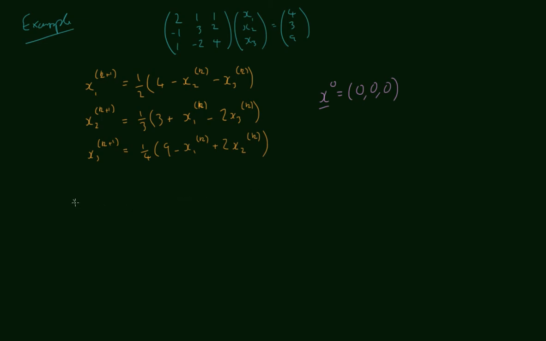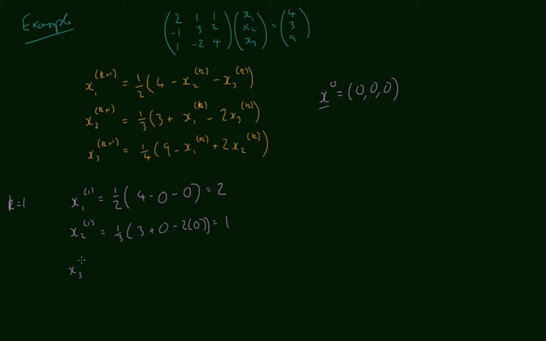Okay, so for our first iteration, k equals 1, x1 is going to be equal to 1/2 of 4 minus x2, which is 0, minus x3, which is 0. Remember all of our values are 0 to start with, so that's going to be equal to 2. For x2, we've got 1/3 of 3 plus x1 minus 2 x3, so that's going to be 1.